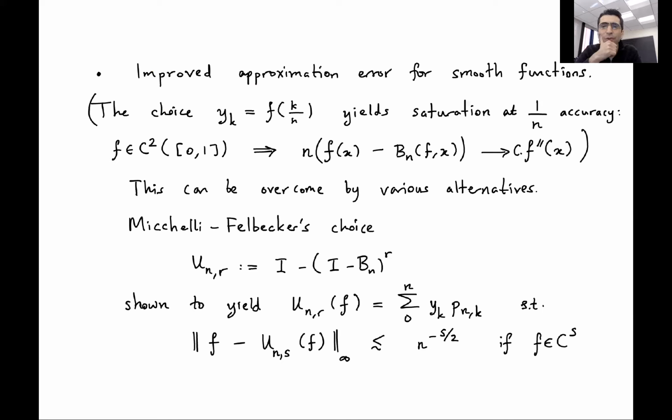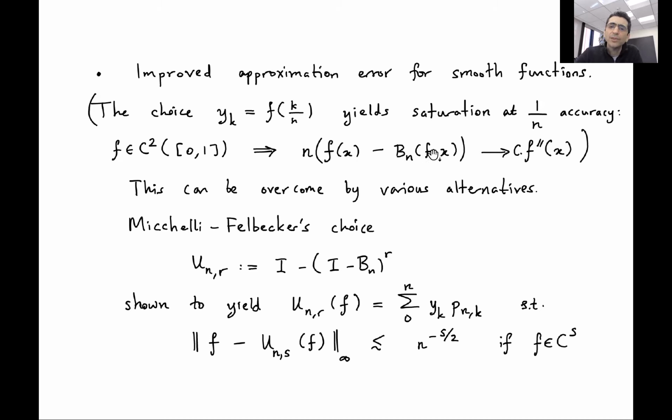Now, if you are familiar with Bernstein polynomials, you may know about the saturation problem. If one uses the function values, Bernstein polynomials cannot take advantage of smoothness of the function beyond C2. What can be shown is that the approximation error saturates at 1 over n.